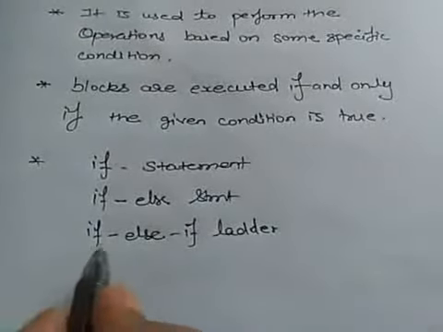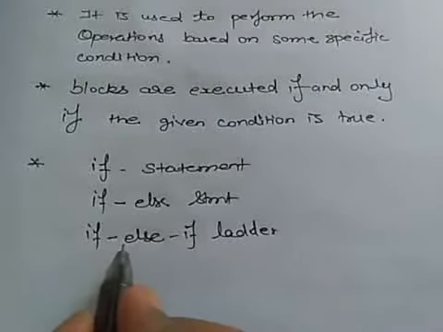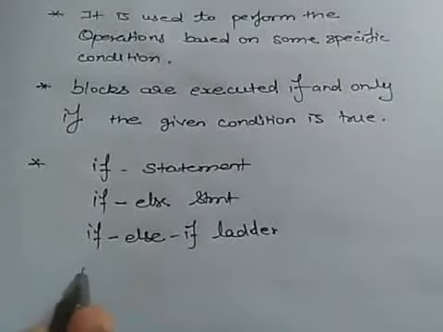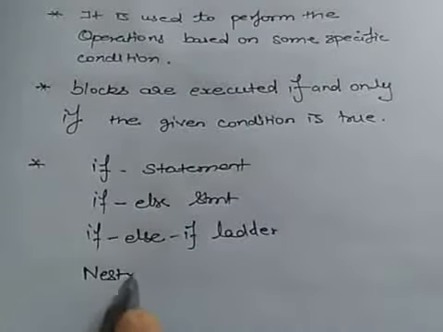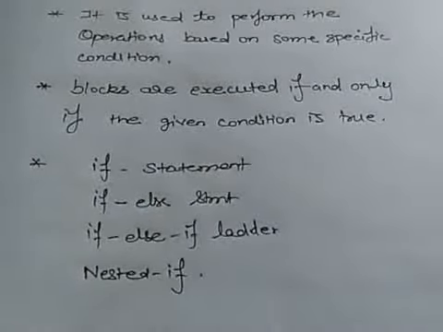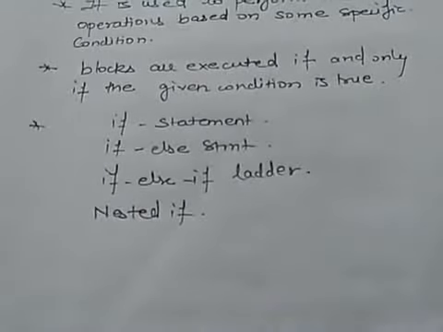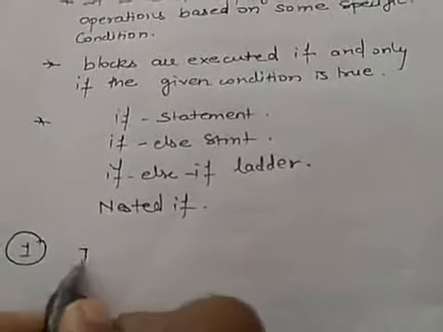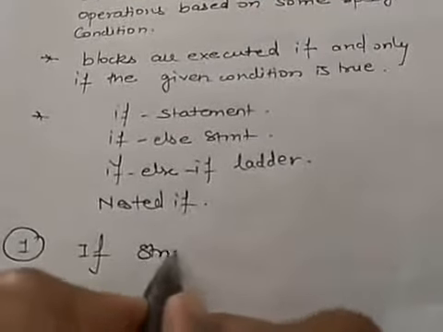In this ladder we use different statements based on the relationship, and at last we have the nested if. Now we will describe each statement one by one. First, the if statement.